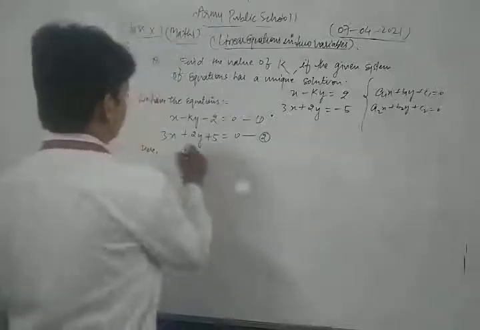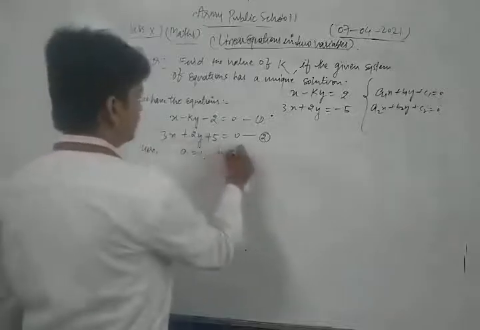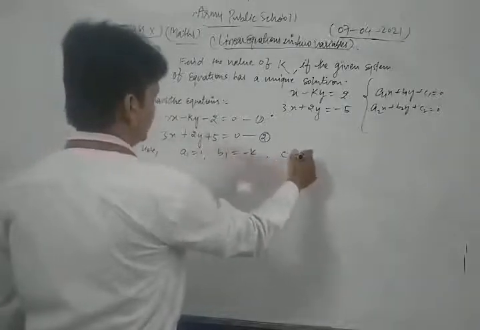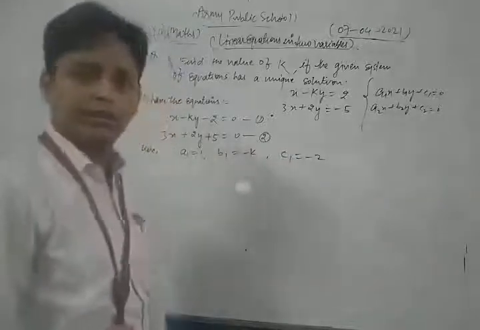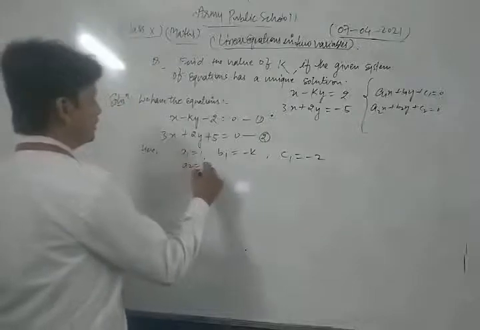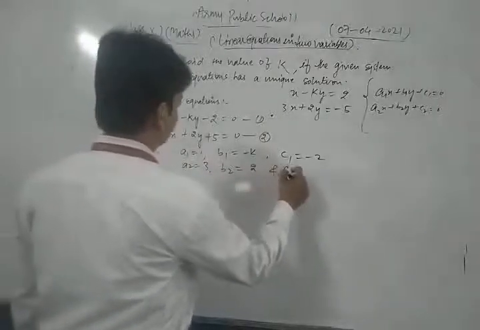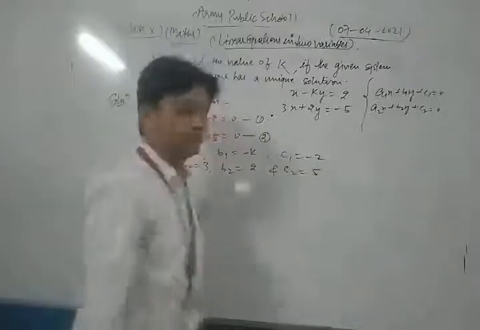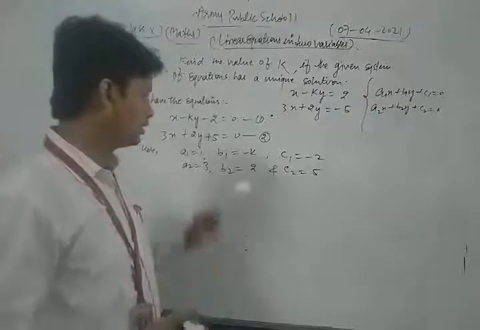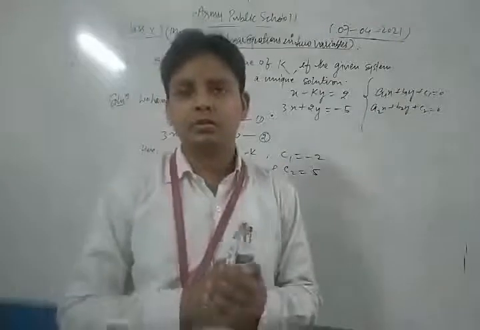Here a1 is 1 because a1 is the coefficient of x, b1 is the coefficient of y, that is minus k, and c1 is minus 2. Similarly, for the second equation, a2 is 3, b2 is 2, and c2 is plus 5. So these are the values of a1, b1, c1 and a2, b2, c2 respectively.